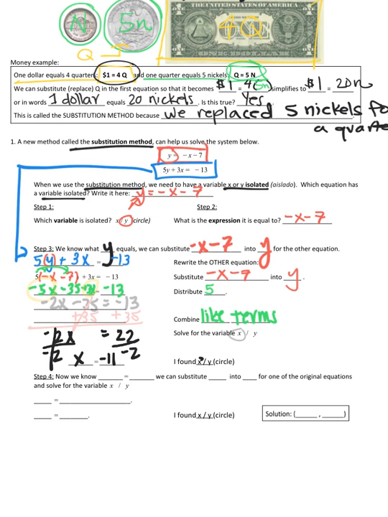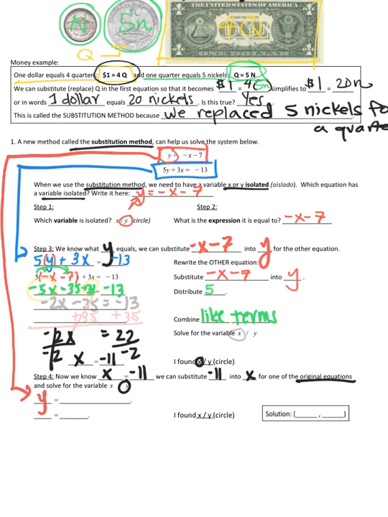I found x. Step 4, now we know x is equal to negative 11. We can substitute negative 11 into x for one of the original equations and solve for y. Well, if I know x, the last thing I need to now find is y. So if I look at the equations that I have above, I think that it would be easiest to use this equation.